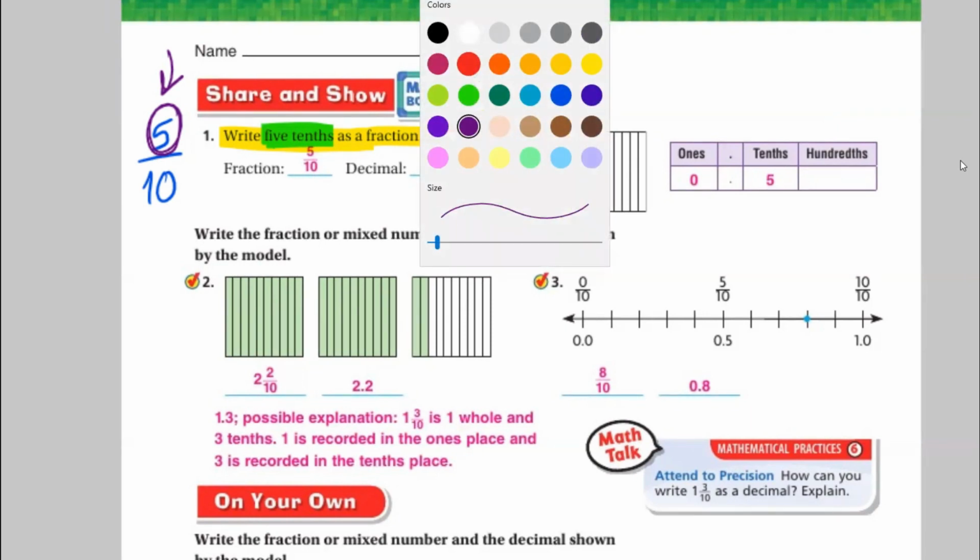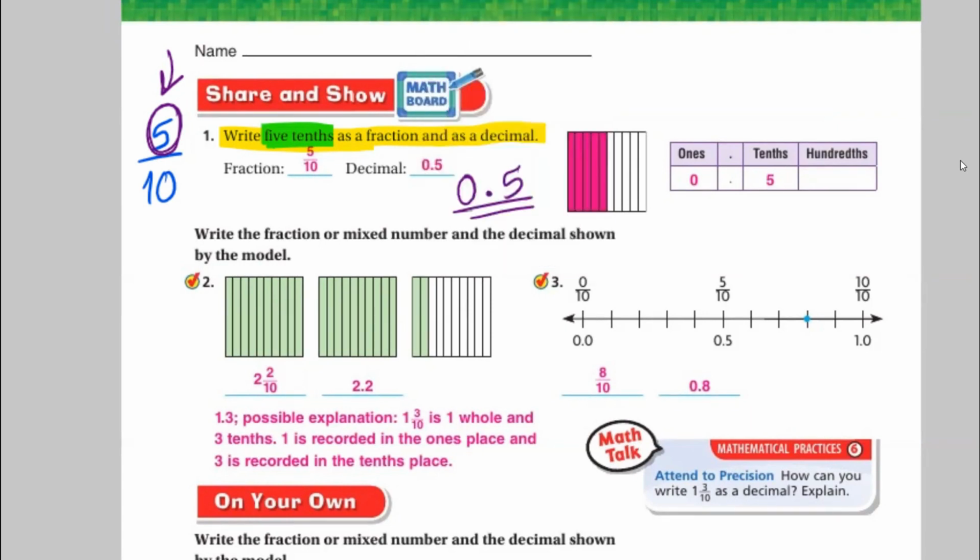Okay, so number 2. Let's see here. As I said before, if the whole square is shaded, what does it represent here? It represents 1, right? And the next one also represents 1. And what about this square?